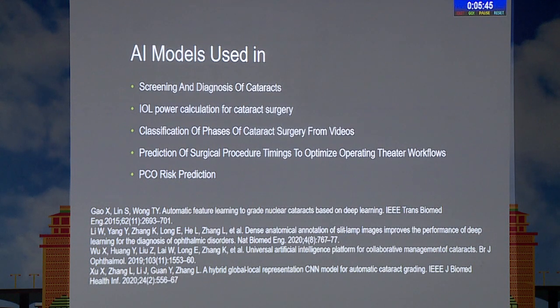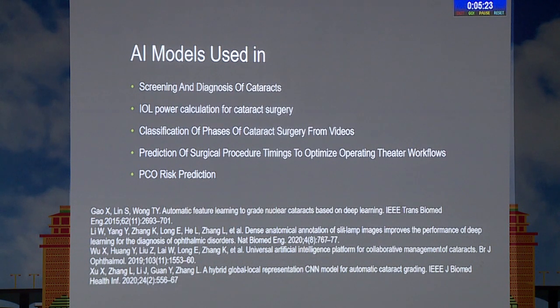But now it also looks at different phases of the cataract surgery. It is able to identify which phase of cataract surgery it is. It looks at those instruments, and using those instruments it's able to identify which phase of cataract surgery it is. And if the phases are not following each other, it is able to pick up that there are complications arising.